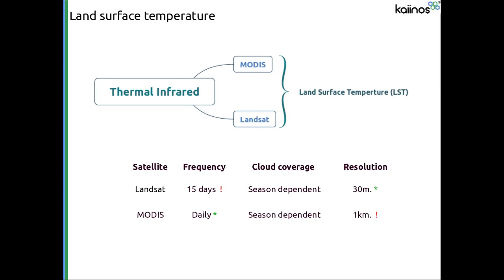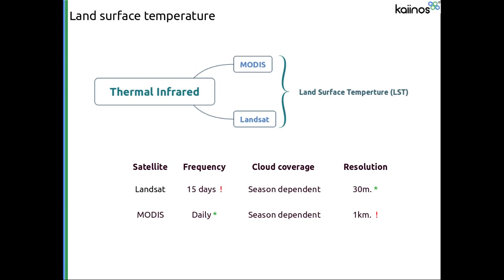So we get at least 4 recordings of land surface temperature every day. Even if we get one, that would be good enough for measuring crop health or something like that. But though the temporal resolution is very good, MODIS spatial resolution is 1 kilometer.